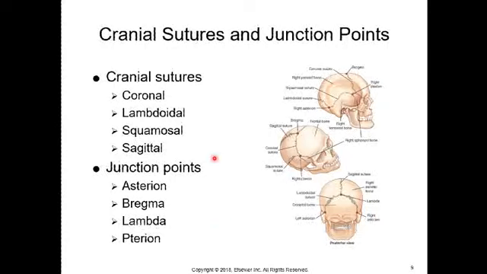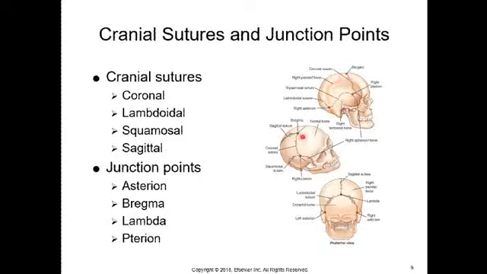The junction points are where the sutures meet, and these were usually the locations of fontanelles when you were a baby. So the junction points, you have your asterion, which is back here. So your lambdoidal and your squamosal sutures make up your asterion. Your bregma, which is on top, and here's a good view of the bregma.